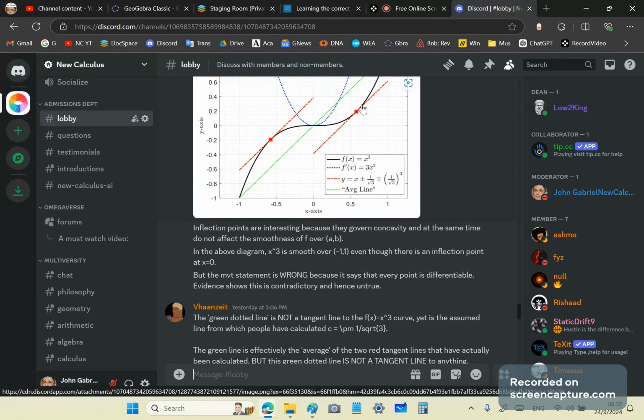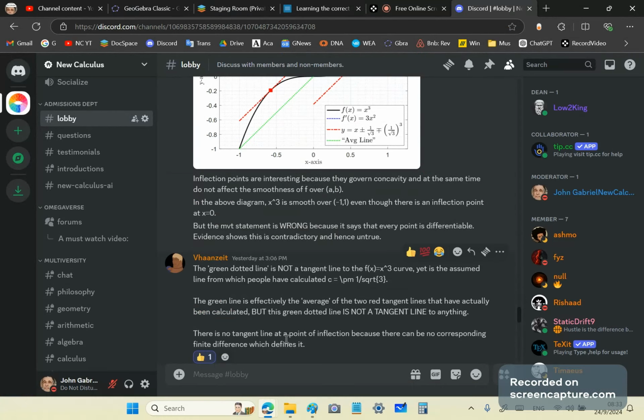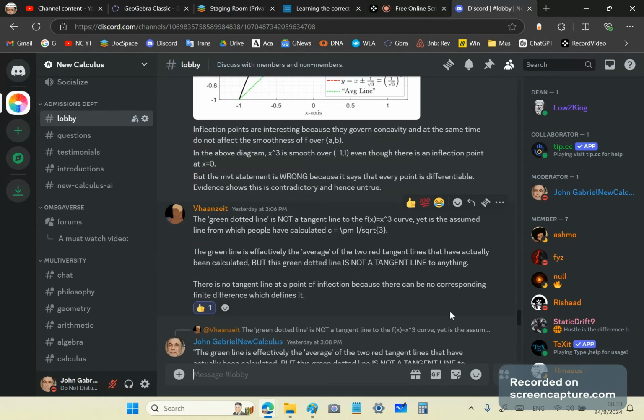In other words, 1 over square root 3 and minus 1 over square root 3, as you see here. And he says the green line is effectively the average of the two red tangent lines that have actually been calculated. But this green dotted line is not a tangent line to anything, okay?